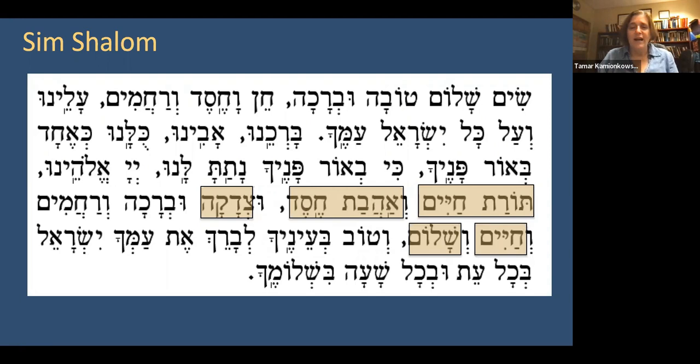And then we have tzedakah. And some of you may be familiar with the word tzedakah, which in contemporary Judaism, and for most of Judaism, has been seen most narrowly as charity, but offering different kinds of supports for people. But in Torah itself, it does not mean that. In Torah, tzedakah means justice or righteousness.